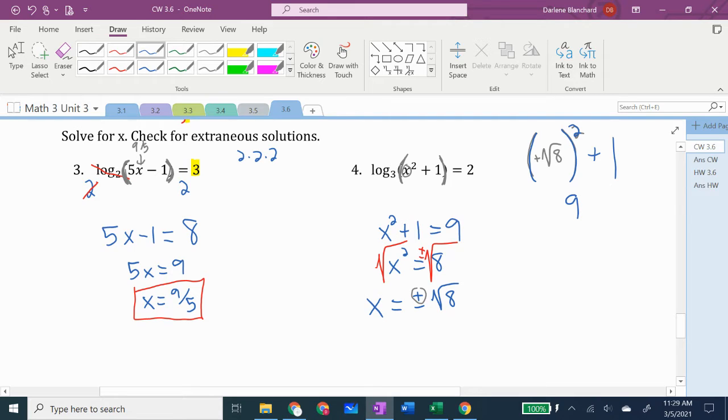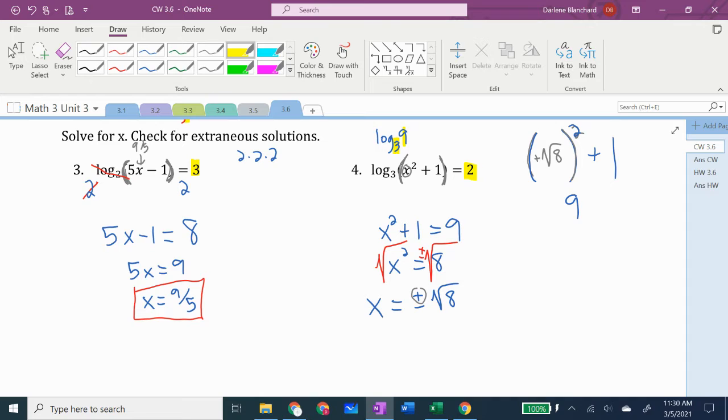That's good. And then you can also double check that log base 3 of 9 is asking 3 to what power gives me 9, and 3 squared is equal to 9. So that is checking that extraneous solution in full.